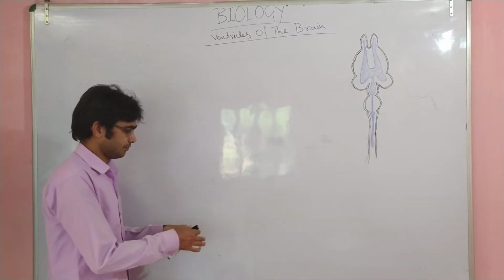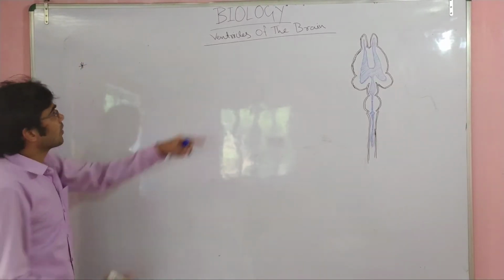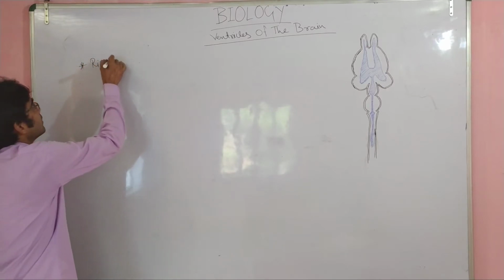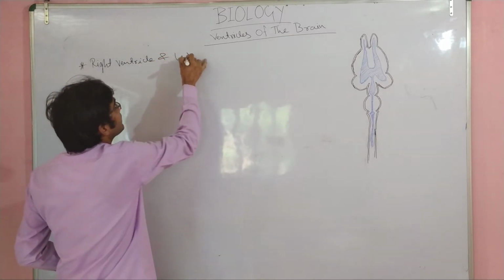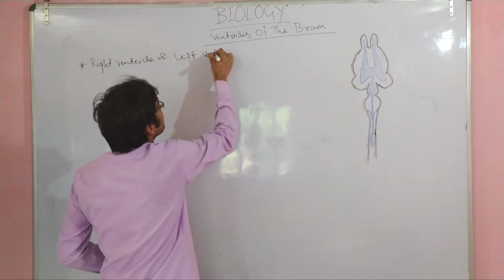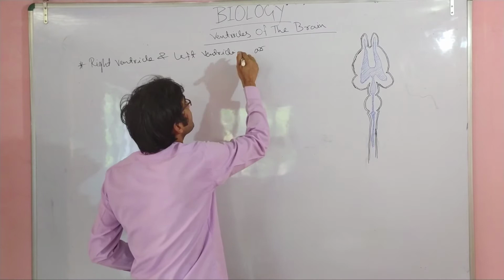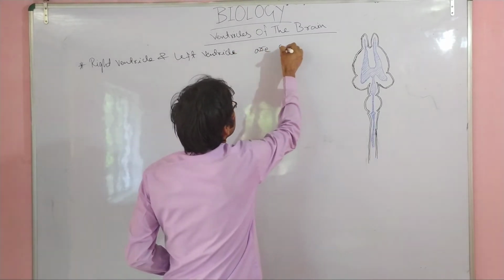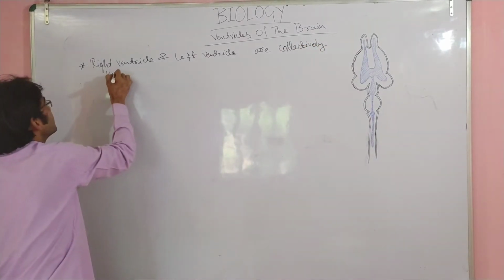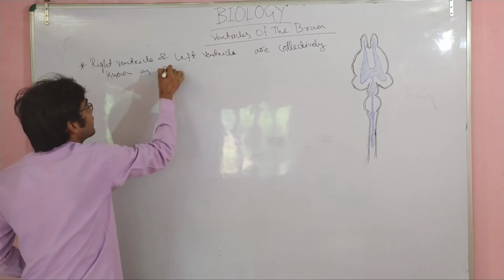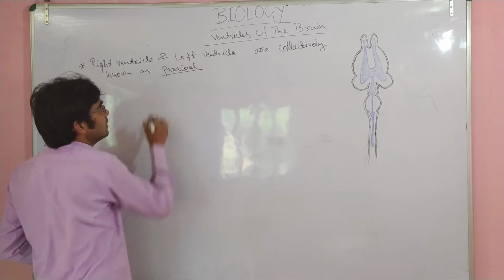So first, a right ventricle and a left ventricle are collectively known as paracele.